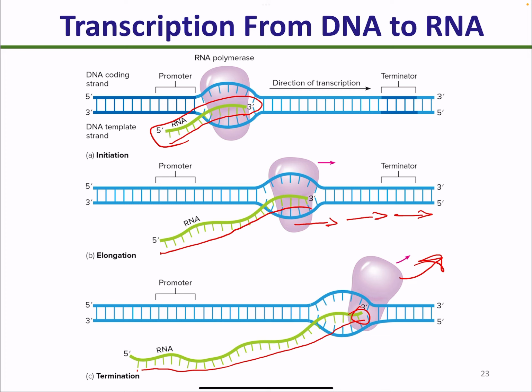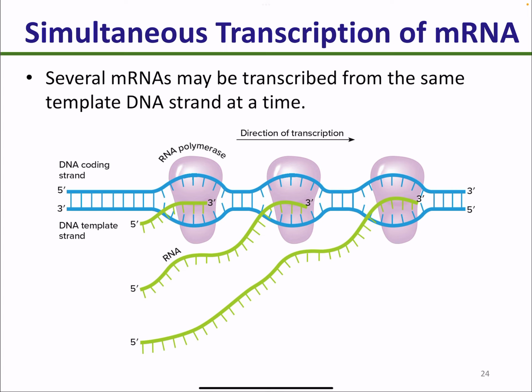Now, in eukaryotic cells, the story is more complicated than just producing an RNA. All right? We are going to take a look at some details here. Before we take a look at these details, let me tell you that, whenever a cell needs to produce a protein through gene expression, it hardly produces a protein from one single transcript.